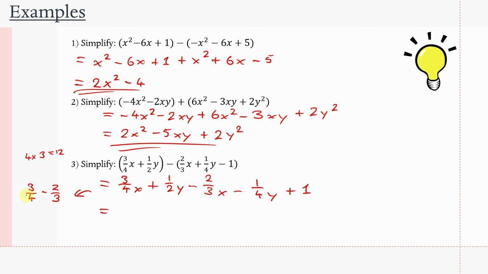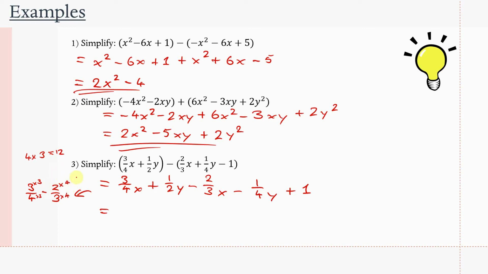So if we multiply 4 by 3 to get 12, we also have to multiply this 3 by 3. So we do 4 times 3, 3 times 3, right? And then here, we got to multiply this 3 by 4 to get 12. Everything we do to the bottom, we do to the top. So if we do times 4 here, we do times 4 here to keep the number the same.